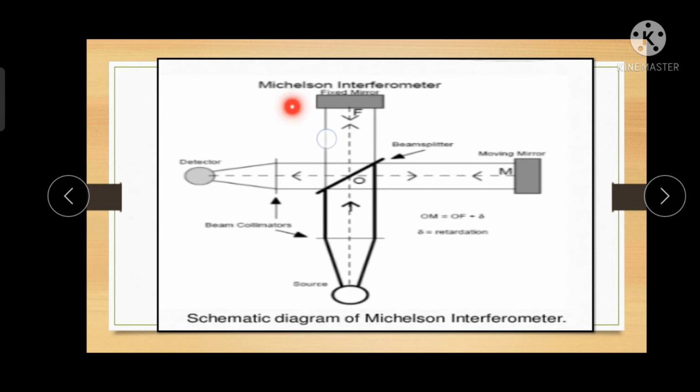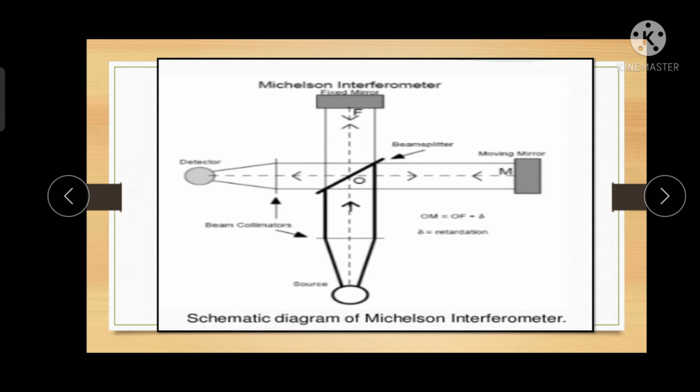With the fixed mirror the position is the same, but with the moving mirror the position is different, so we get a path difference between these two beams, and we get the interference of these two beams. They meet each other at this point, and after that there is again reflection from the beam splitter, and we detect that signal with the help of the detector. So in this way the Michelson interferometer works.